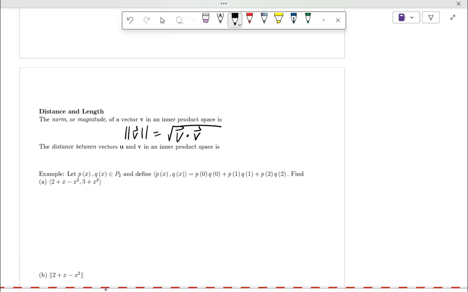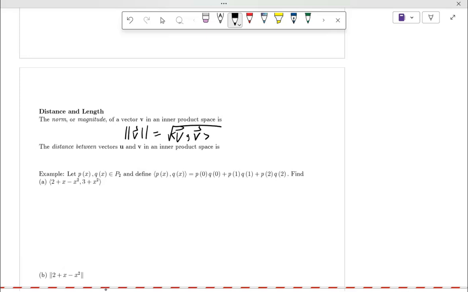We define the length or magnitude or norm of any vector as the square root of the inner product. Oops, I used dot. Sorry, I got a little excited. I should use those brackets. It should be the square root of the inner product of the vector with itself.